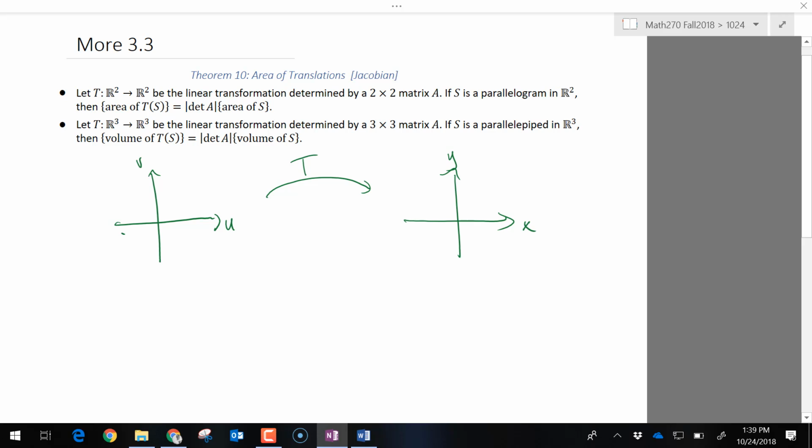So we're going from here to here, and let's say we have some area here, may be easy or may not be easy to find, and another area here. So if this is your domain, D, and this is your codomain or your image.